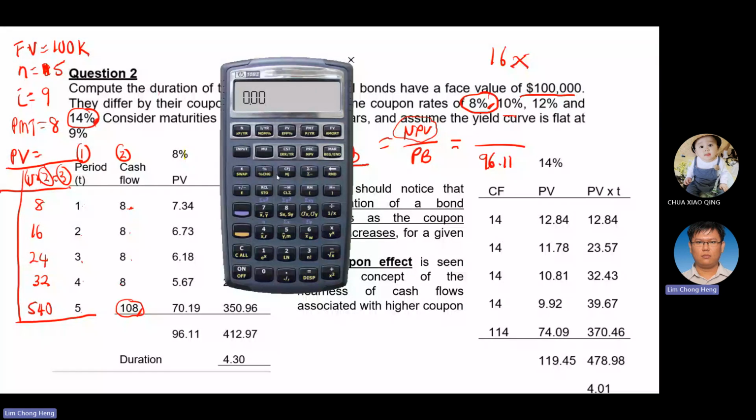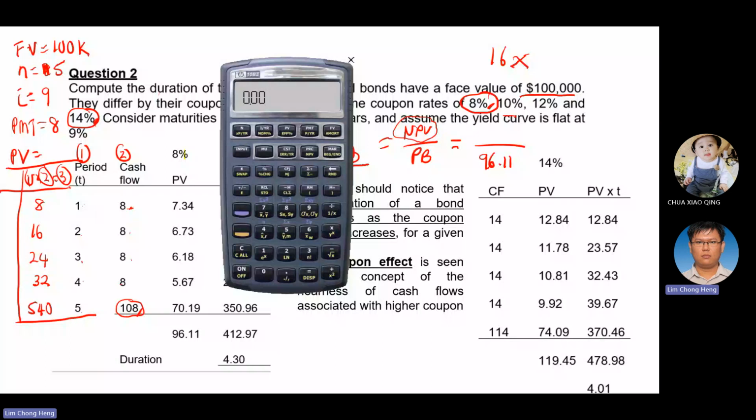Does our cash flow have any CF0, or initial outflow? We don't have. Our cash flow starts from year 1. Press 0 CFj.